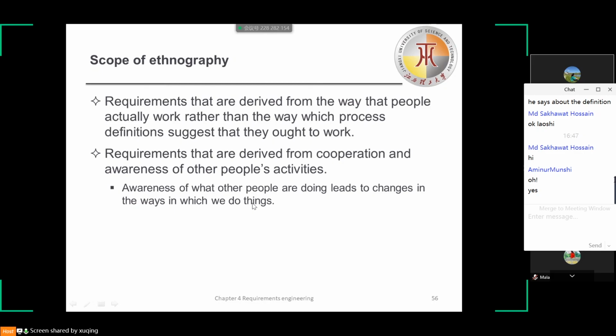Here we may also take the example of air traffic controllers. The controllers may use awareness of other controllers' work to predict the number of aircraft that will be entering their control sector. Then they will modify their control strategies depending on that predicted workload.